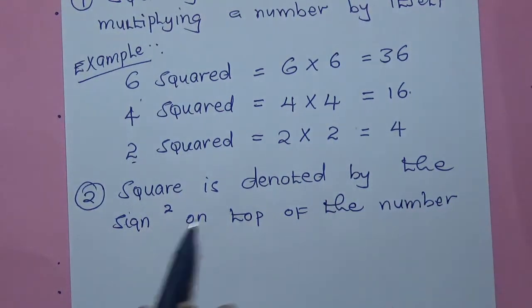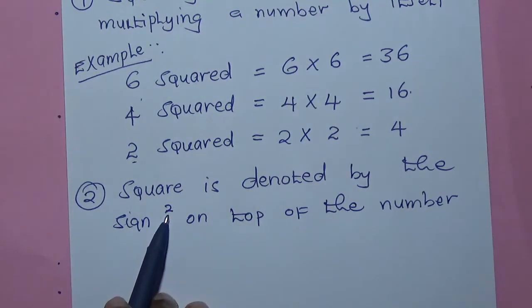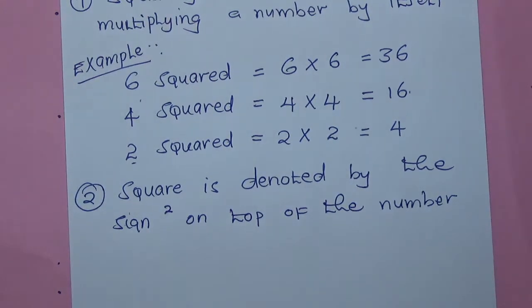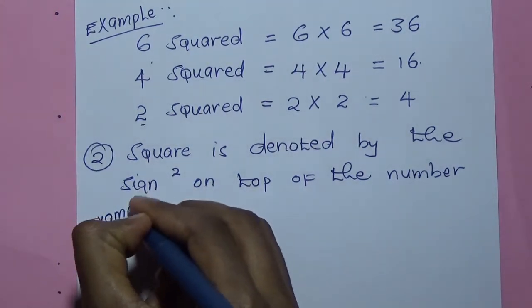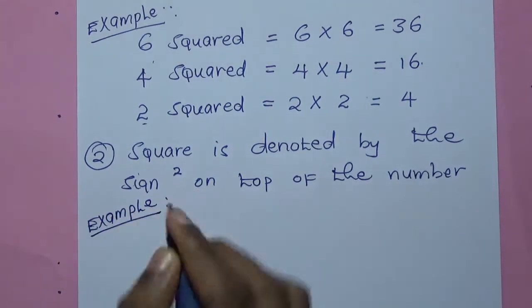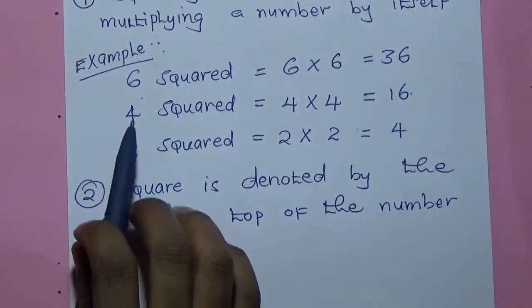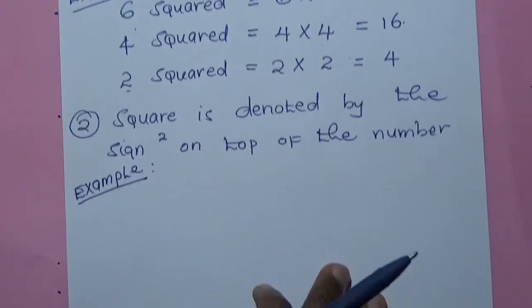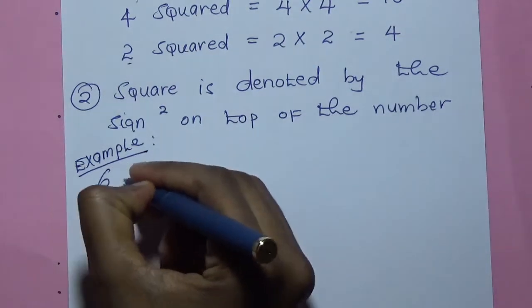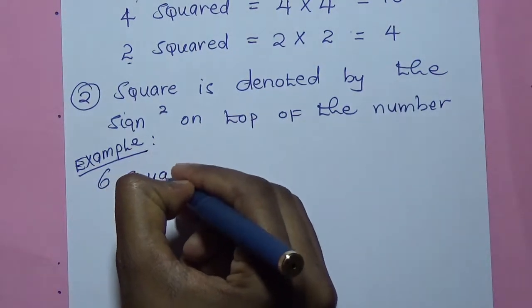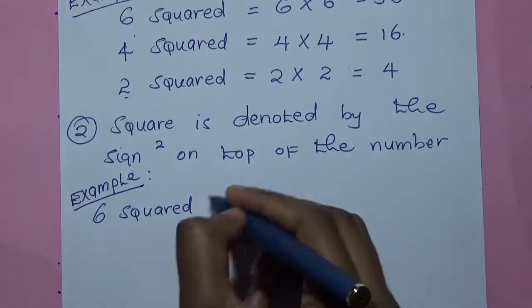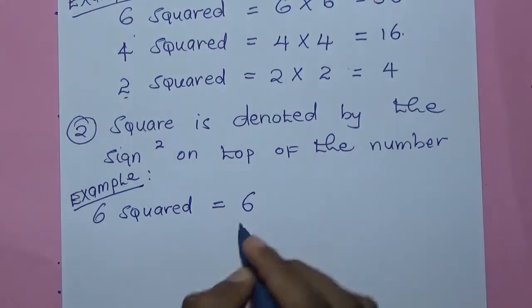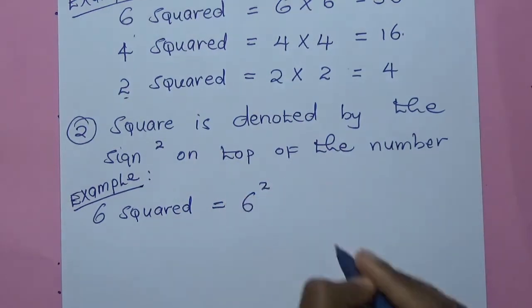Now, this is the sign, a small 2 on top of the number. For example, we look at the same examples. 6 squared can be written as 6 with a small 2 on top.